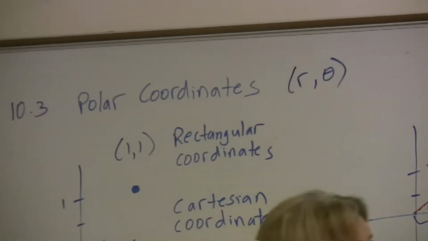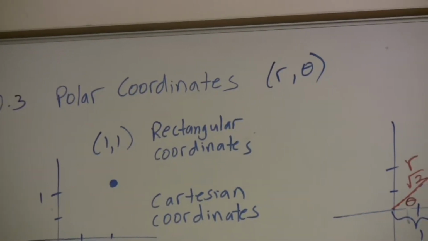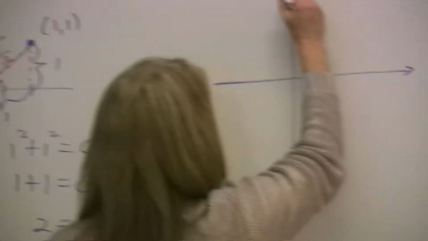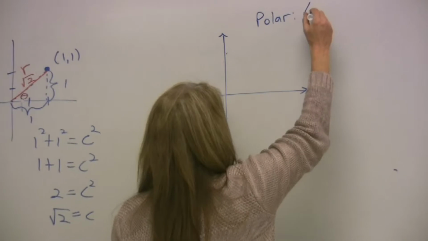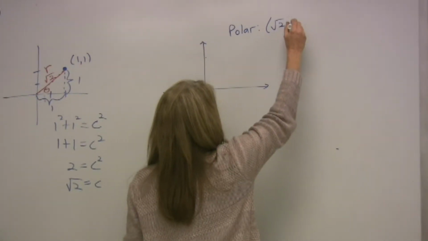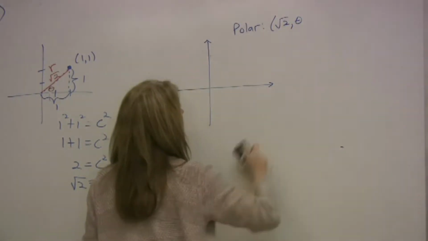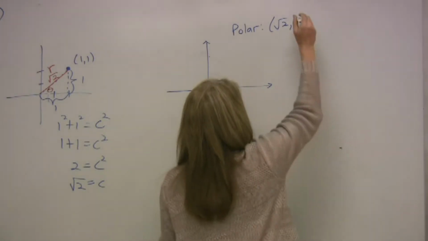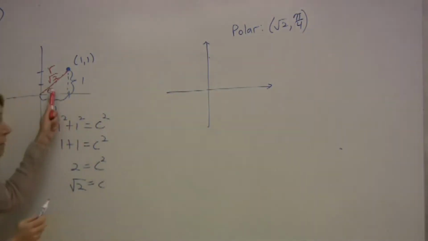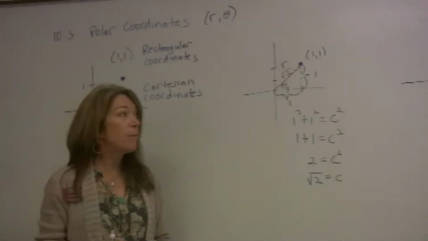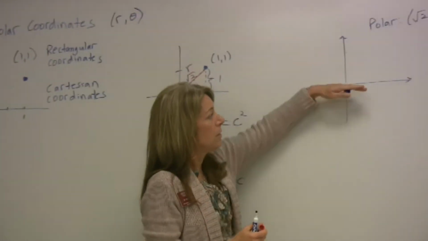So on your third graph, we're going to plot the same point, but we're going to look at it differently. If we're now in polar, and we have root 2 theta, root 2 pi over 4, which you guys just told me, right? Root 2 and pi over 4. The first thing I'm going to do is find pi over 4 from the x-axis.